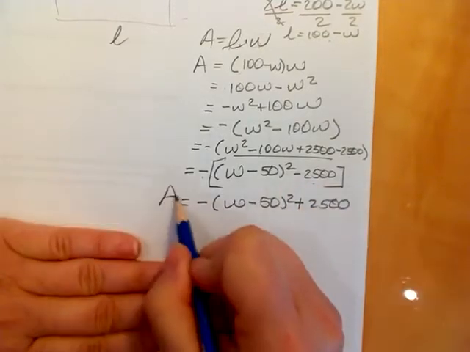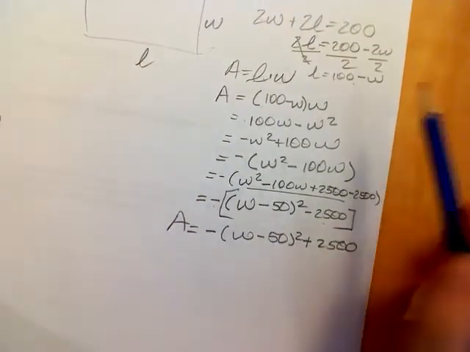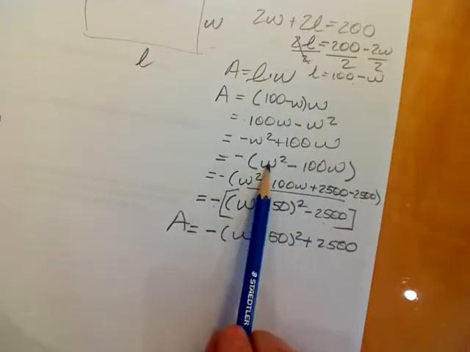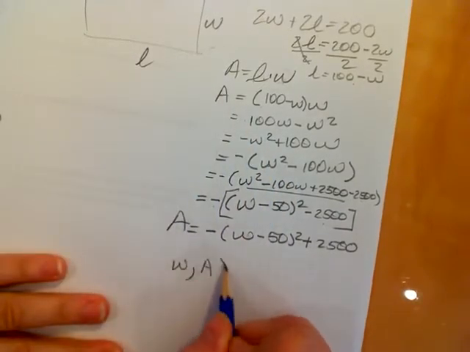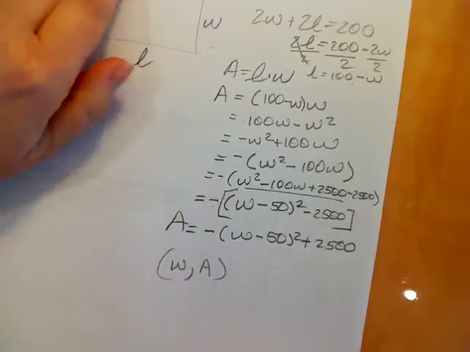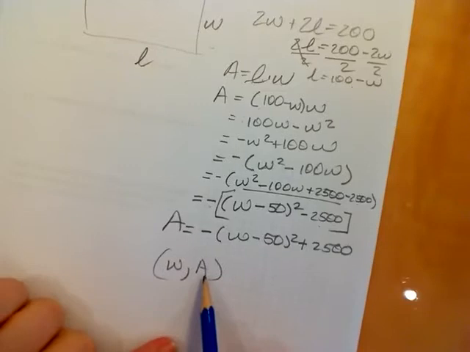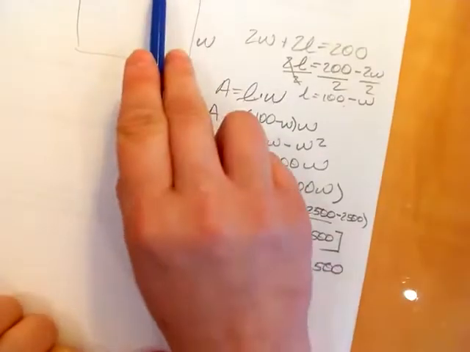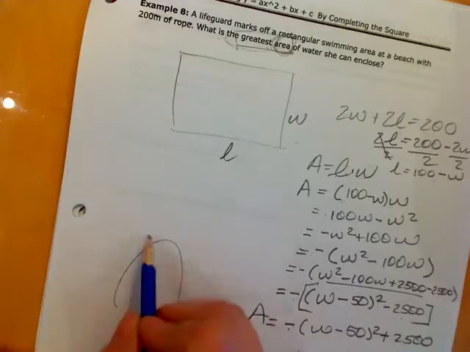So now let me look at this question. I've got W and A as my X and Y. It's W and A. So the question said, what is the greatest area of water she can enclose? So area is the Y value of my vertex. I know that I did the greatest, not the least, because concave down, right? Concave down with the negative.